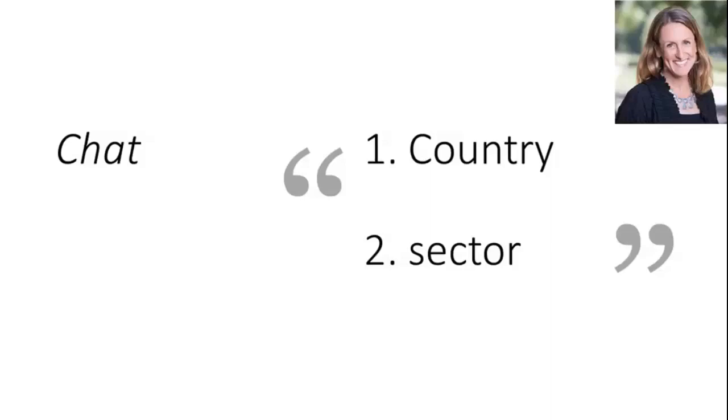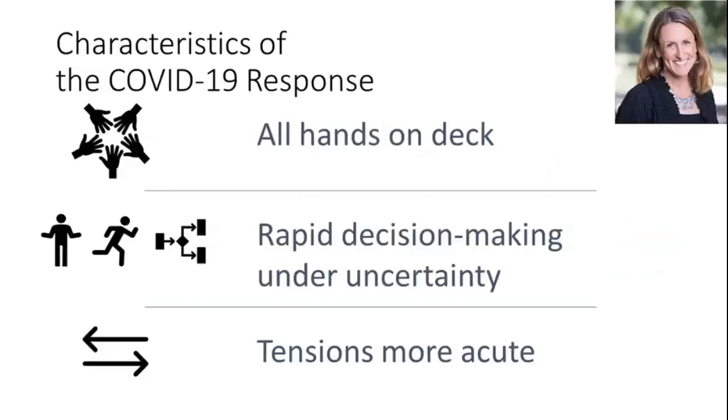All right. Well, as those start to roll in, I'd like to start by highlighting a few points that I think are very relevant for today's conversation. We are all living together through the COVID-19 crisis and response, and there are 3 characteristics of that response that I think are really relevant. The first is that this is an all hands on deck situation. No one government agency or even non-governmental actor can work alone in the response to COVID-19.